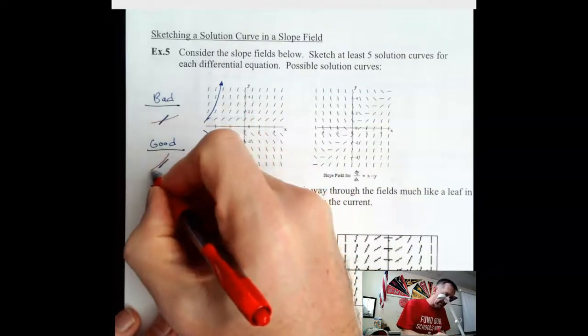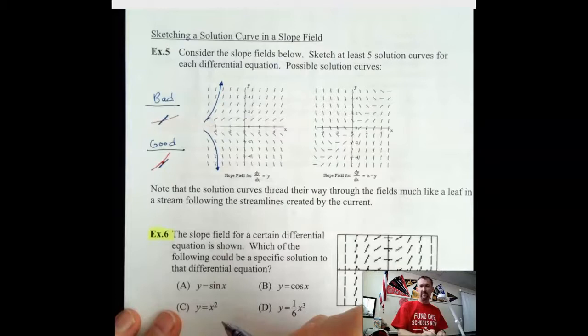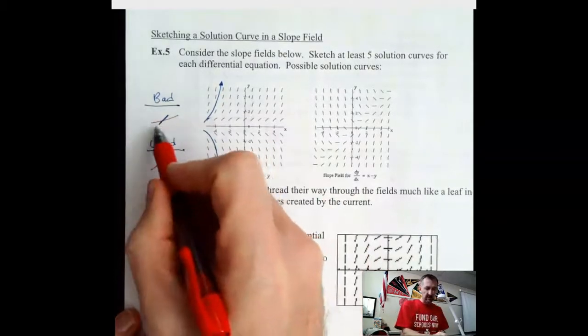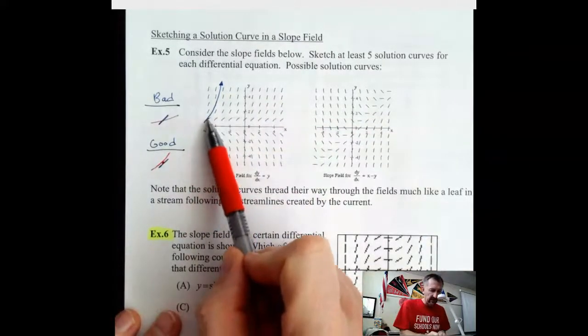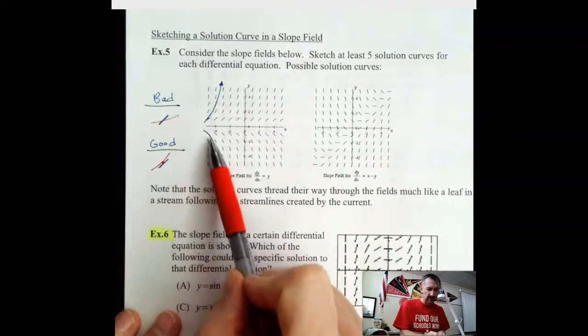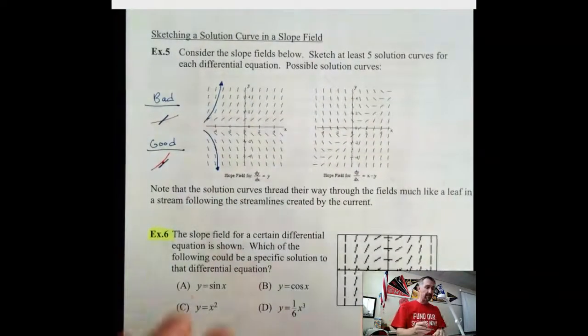Better or good is kind of like that. Maybe you hit it in one point, like a point of tangency, but you don't want to be cutting across these little tangent lines. So like you can see there, I glanced that one, maybe I glanced this one, but I'm not cutting across them. Here I kind of drew it on there. I'm not trying to draw, it's not dot to dots. We're not trying to connect those in that way.